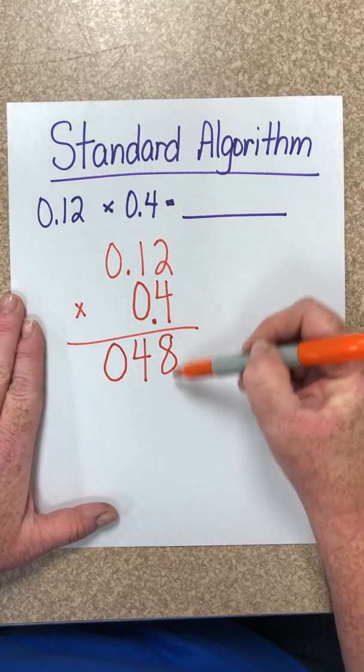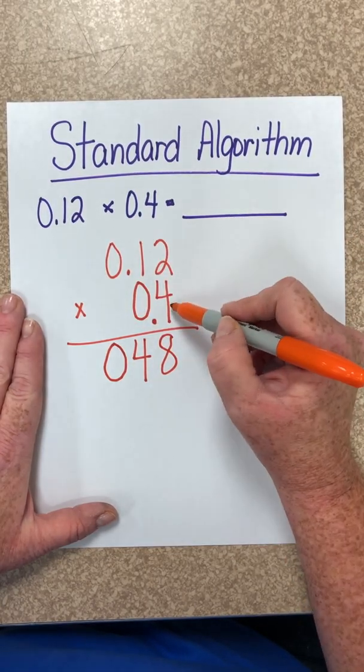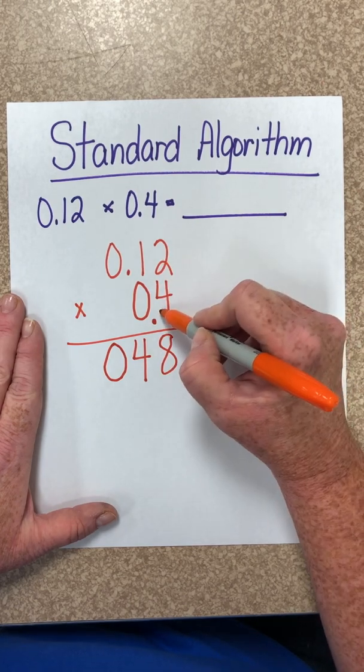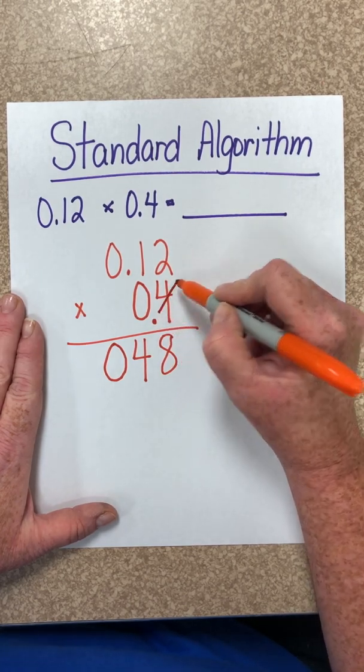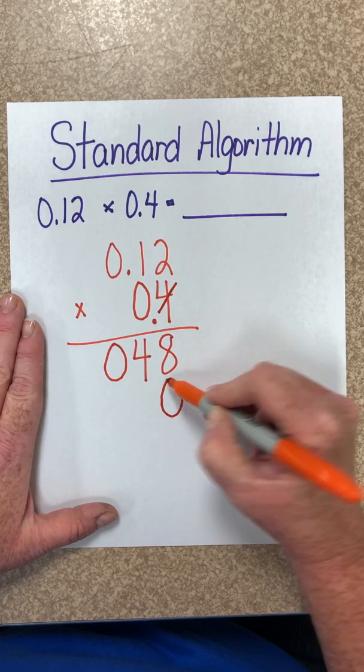Notice I have my nice straight columns of work. Now that I've multiplied all the top digits by 4, I'm going to just make a note by marking that out and dropping a 0 to hold place.